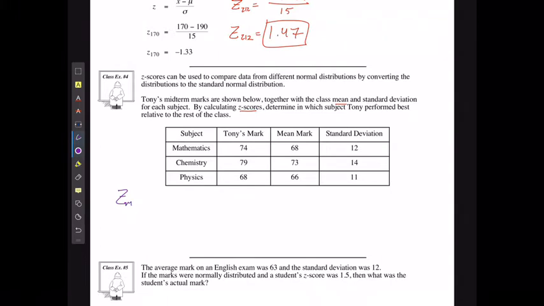in math. And we're going to say that Tony's mark in math was 74, minus the average mark was 68, divided by the standard deviation, which was 12. In math, he was 0.5 or 0.50 standard deviations above the class average.